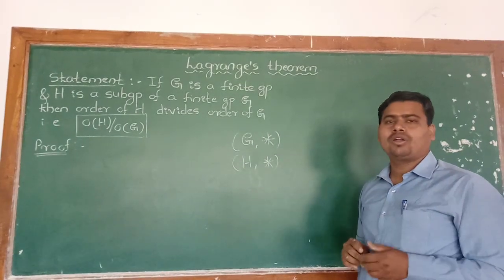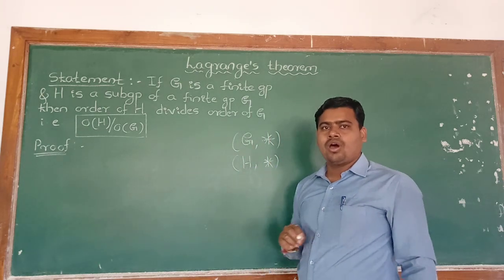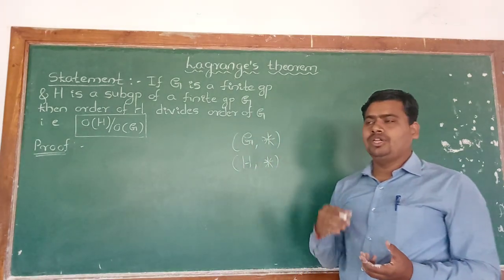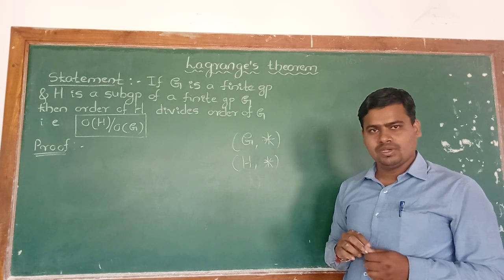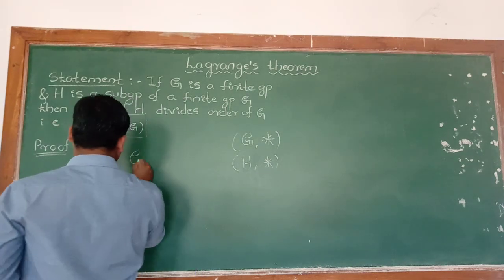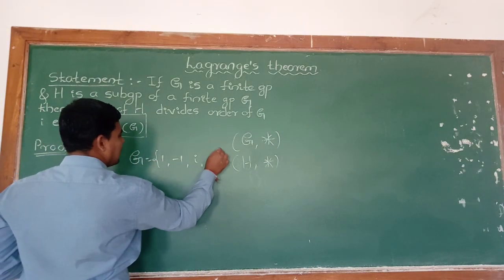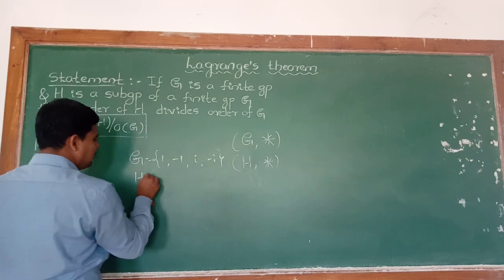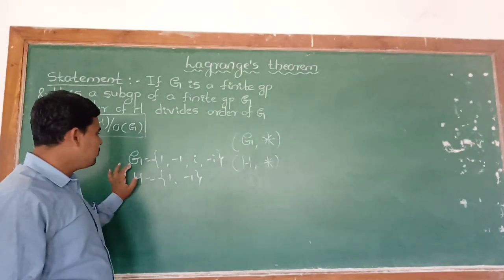Then, what is the order of a group? Order of H divides order of G is there. The order of a group is nothing but the total number of elements present in the group G. Suppose, I will give you an example. Suppose this set G contains four elements: 1, -1, i, -i. H is equal to {1, -1}. Observe here, this is a group.